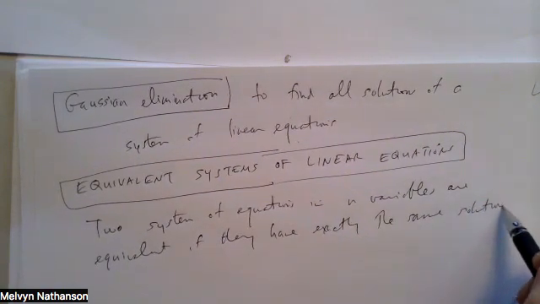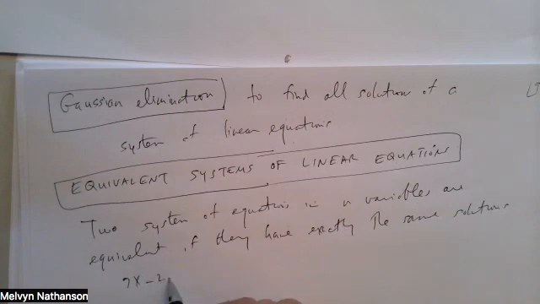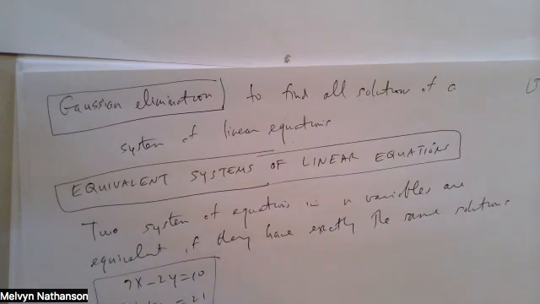That is, a vector solves one system of equations if and only if it solves the other system of equations. So it's a homework problem to show that if you look at the system 7x minus 2y equals 10 and 3x plus y equals 21, that's one system of equations in two variables.